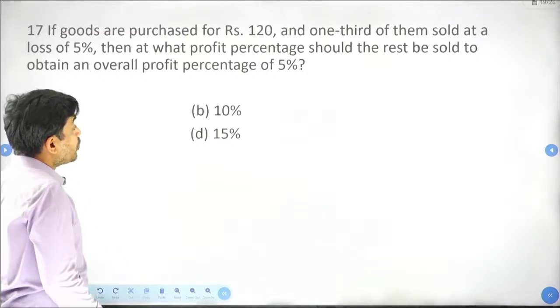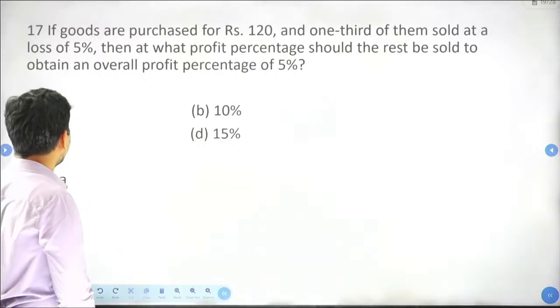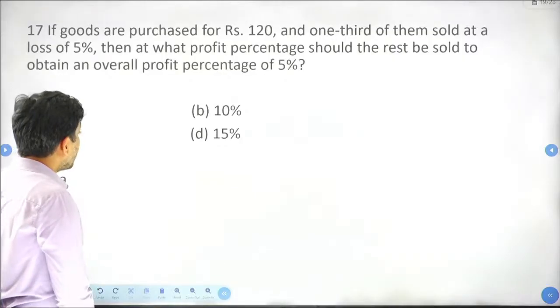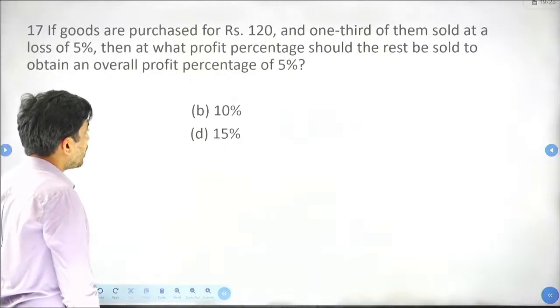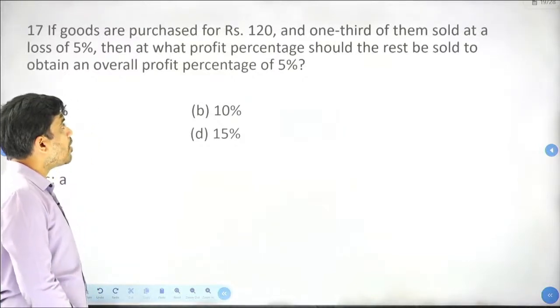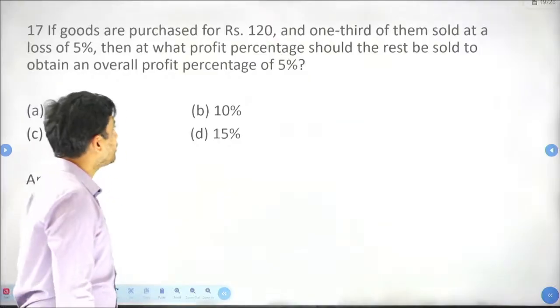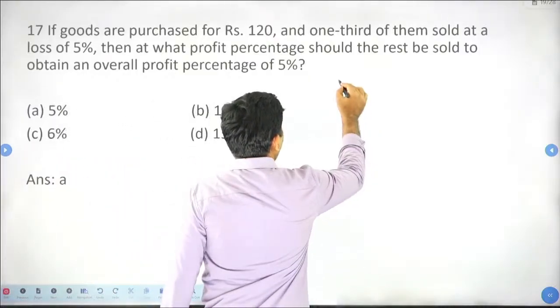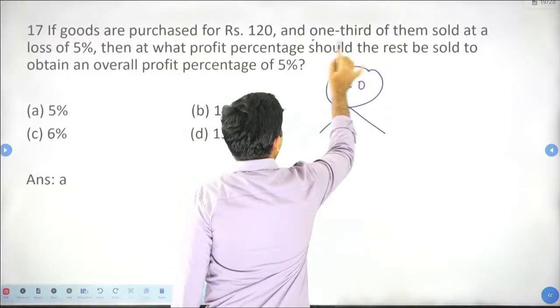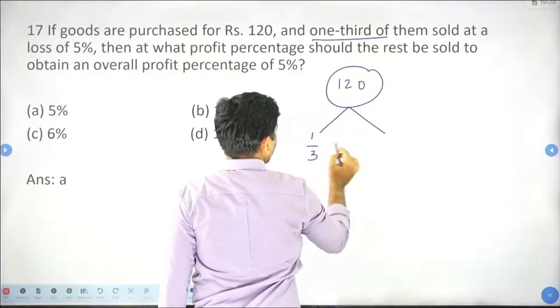Goods are purchased for 120, one-third sold at loss of 5%. Then, at what percentage of profit should remaining be sold to obtain overall profit percentage of 5? On 120, forget about this figure. One-third means one-third.